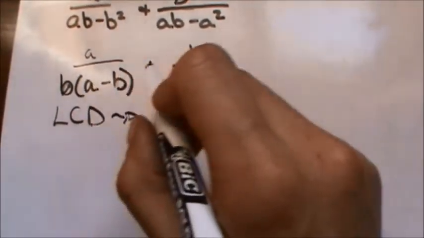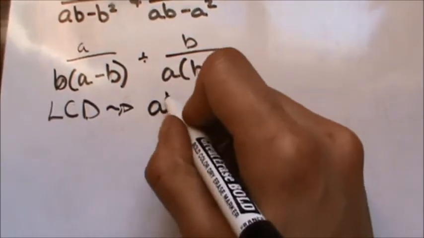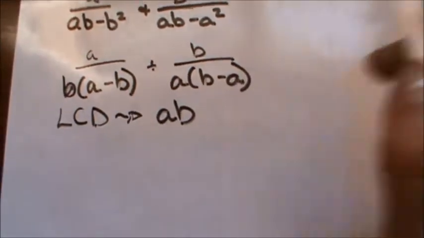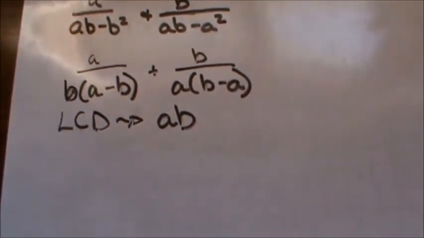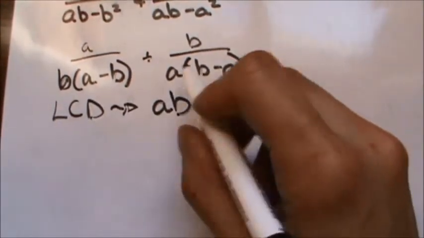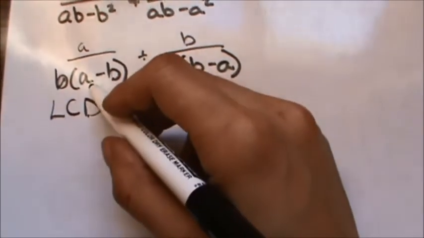Now, if I look at the two denominators, I can see that one has a b and one has an a, so that's going to be part of my LCD. And the leftover factors here are so similar, I would hate to have to write them both down. They're not exactly the same, but I can rewrite one of them. So let's pick this one and say that this one is our factor.